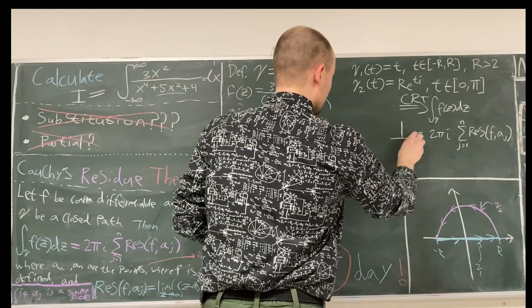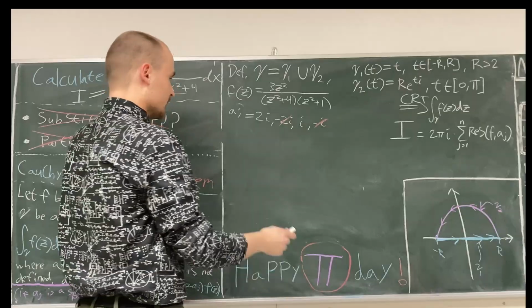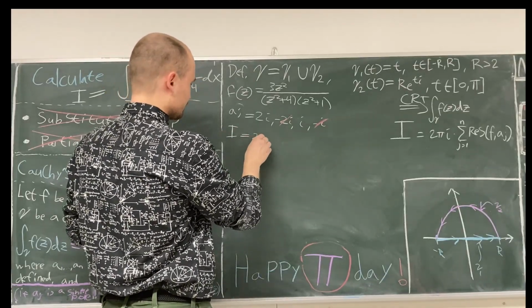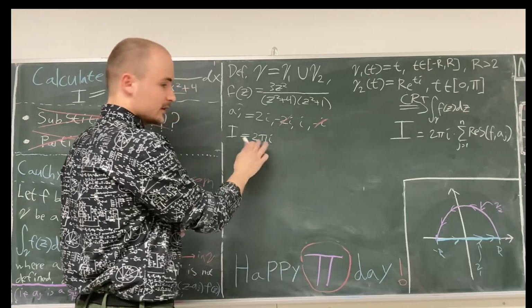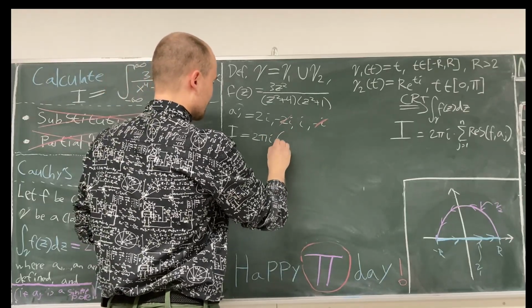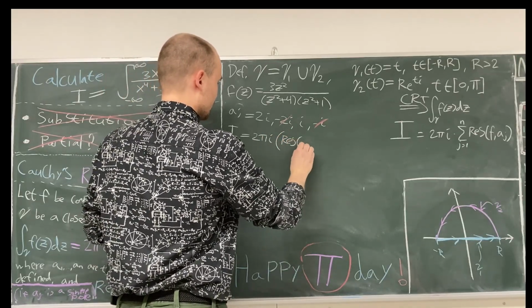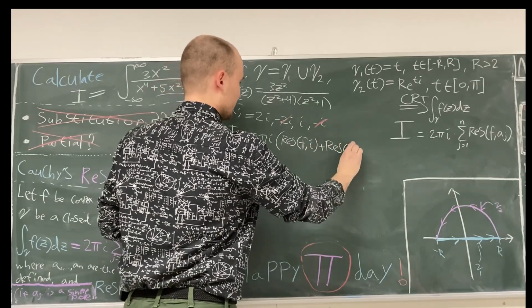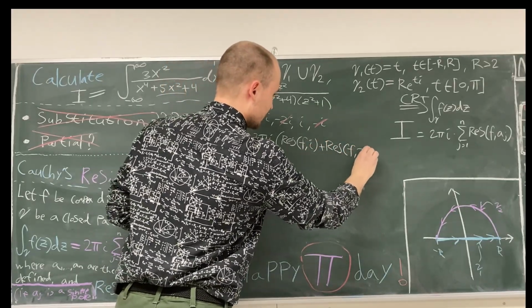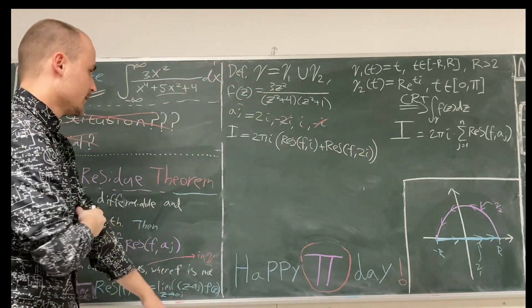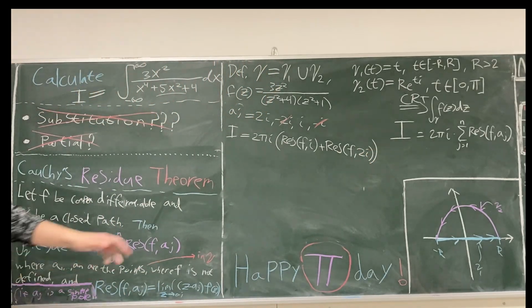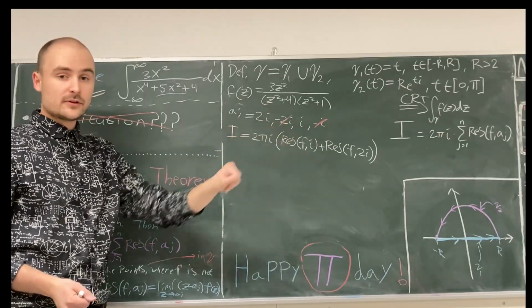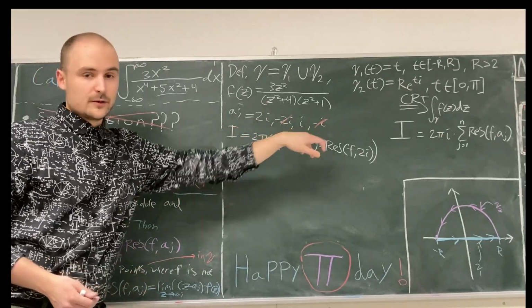So again, then I is equal to that. Alright, so let's just calculate it here. So our integral I is going to be equal to 2 pi i times the residue of f in i plus the residue of f in 2i. Alright, but since the polynomial in the denominator has 4 roots, we know that they all have multiplicity 1.